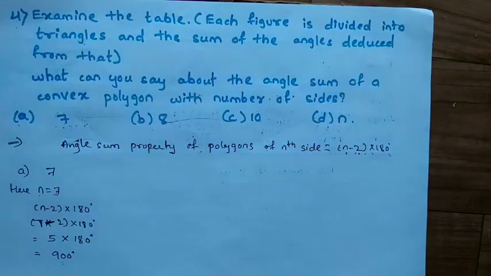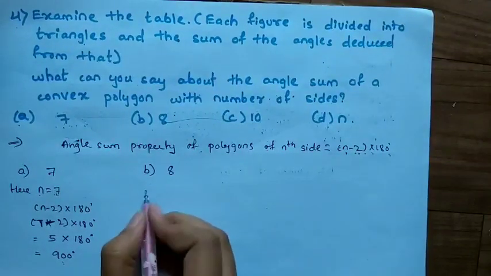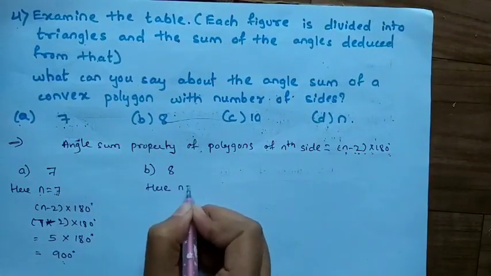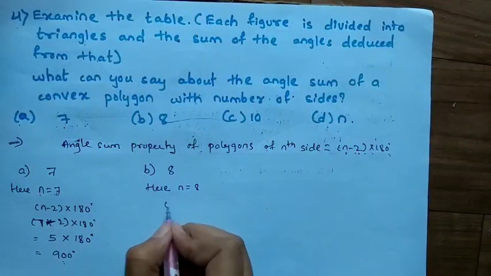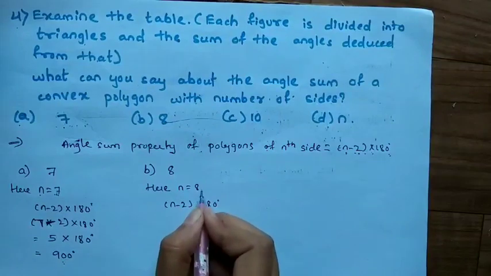Next, solve for the next question, that is 8. Here n is equal to 8. The formula is (n minus 2) into 180 degrees.